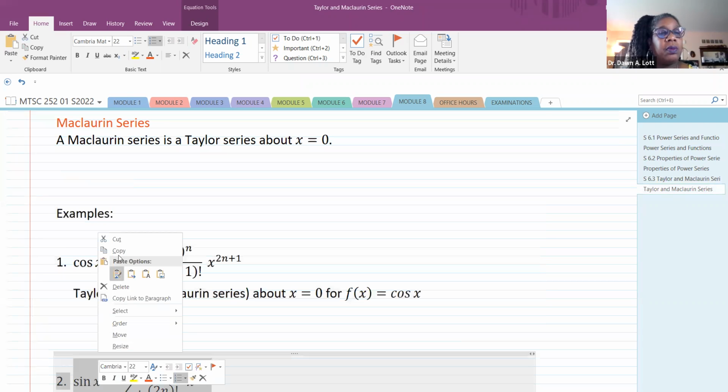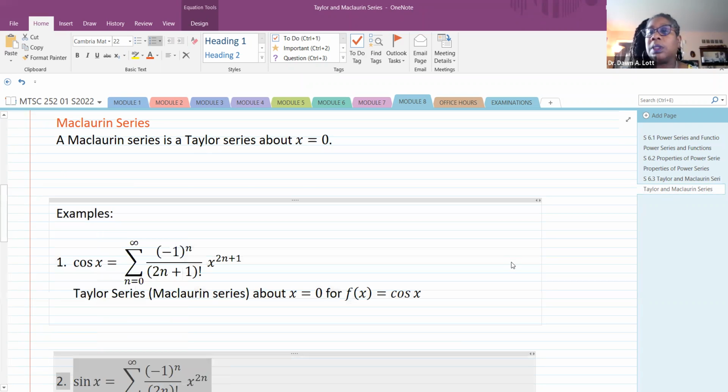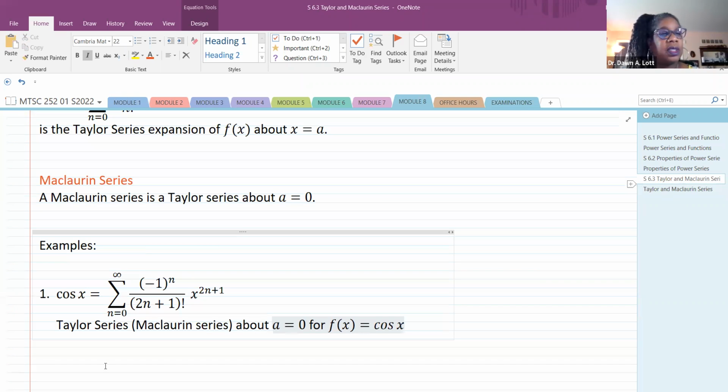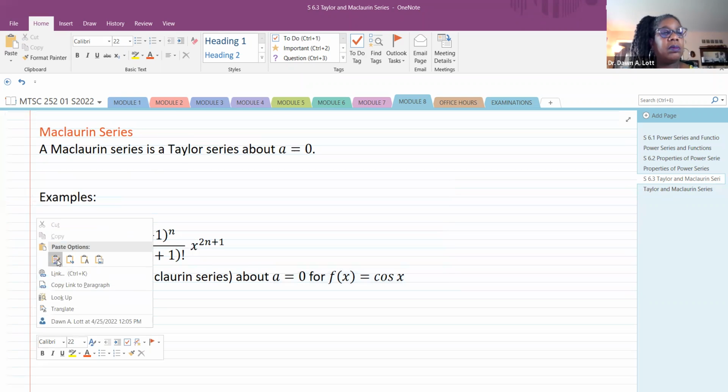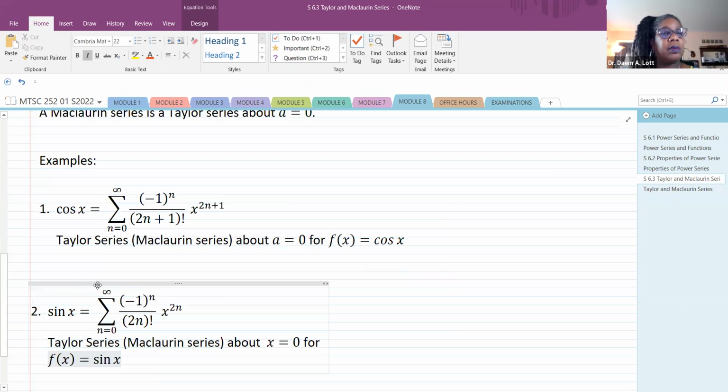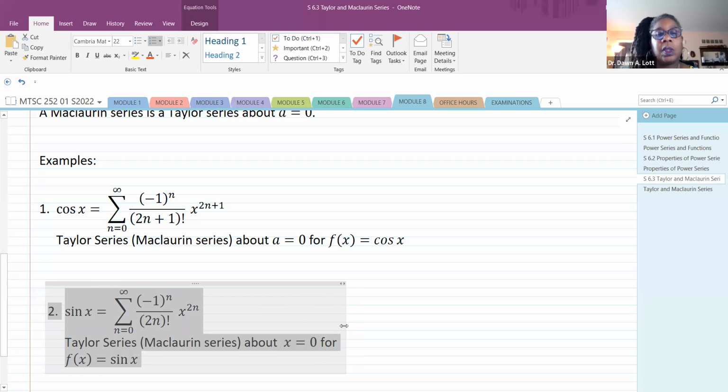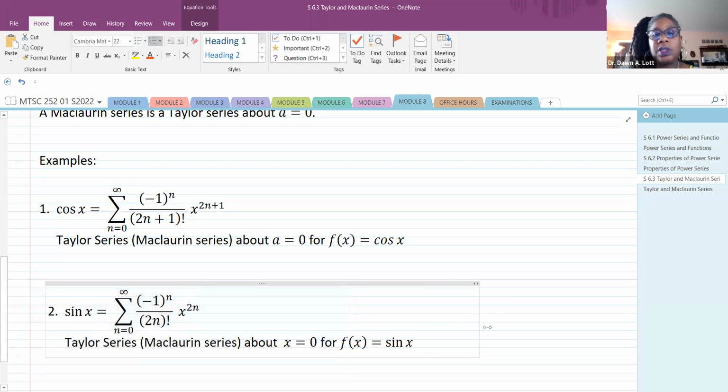Then I want to do the Maclaurin series for the sine. The Maclaurin series for the sine looks a little bit different. It's minus 1 to the n, x to the, something is wrong.